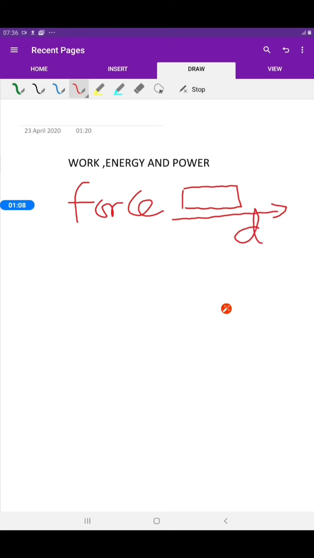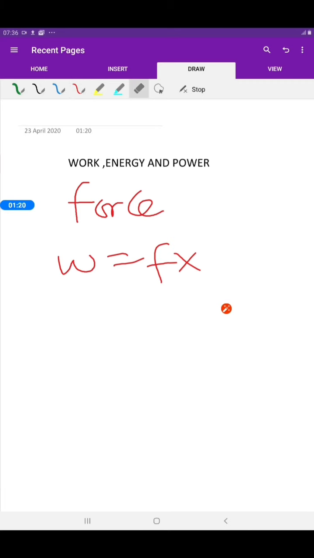So we can therefore say that work is equal to force times distance. Note that work equals force times distance. So work is said to be done when a force or an effort moves an object through a particular distance.